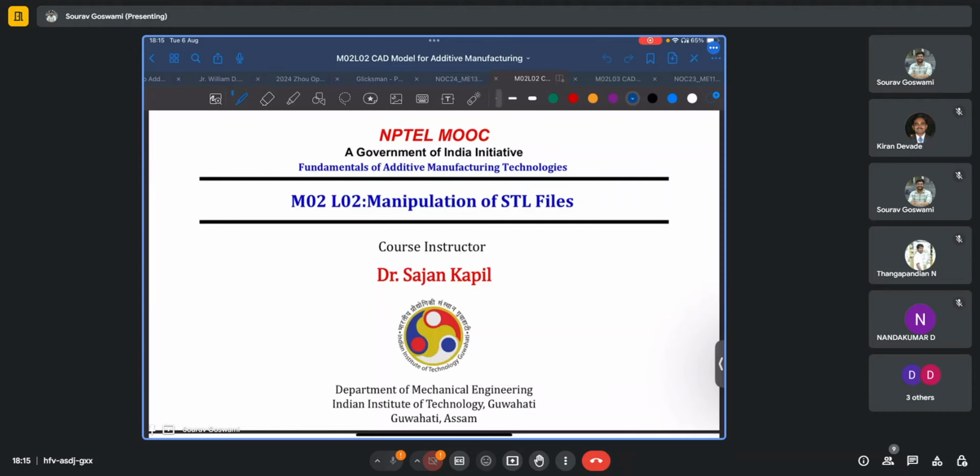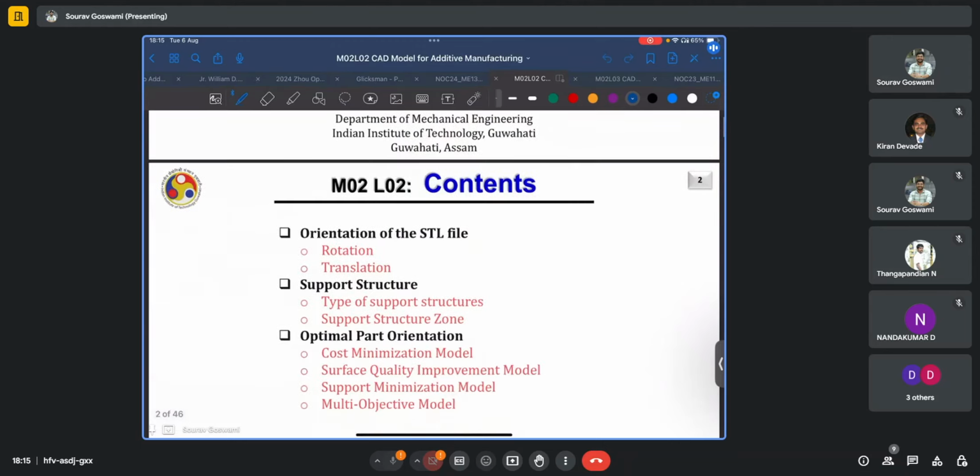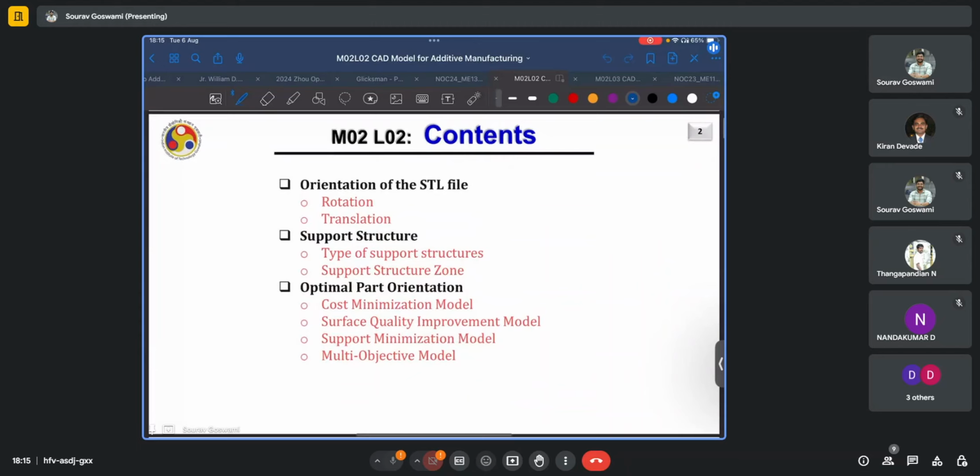So in this week, we continued with the discussion of manipulation of STL files. Previously, we saw how any geometry can be approximated by tessellation, usually with triangles, into an STL file format. Once we have that approximation, you would like to manipulate it, say rotate it, translate it, stretch it, shear it, and so on. Slice it, most importantly.